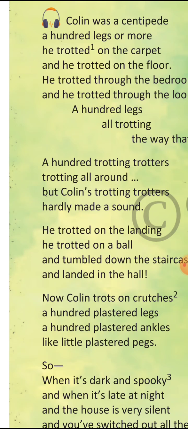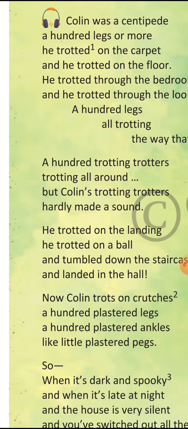So from the landing, the centipede moved, then he trotted on the ball, then from the ball he tumbled down the staircase, and from the staircase he landed in the hall. So Colin with 100 legs keeps on moving around and around, from one place to another place.